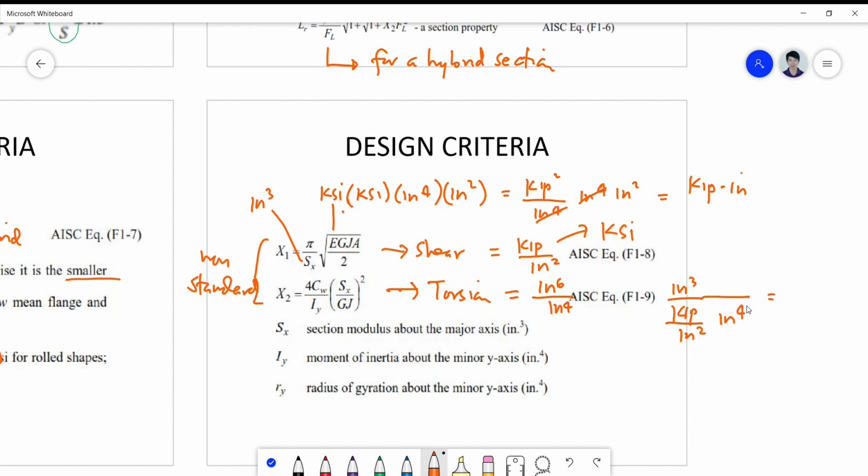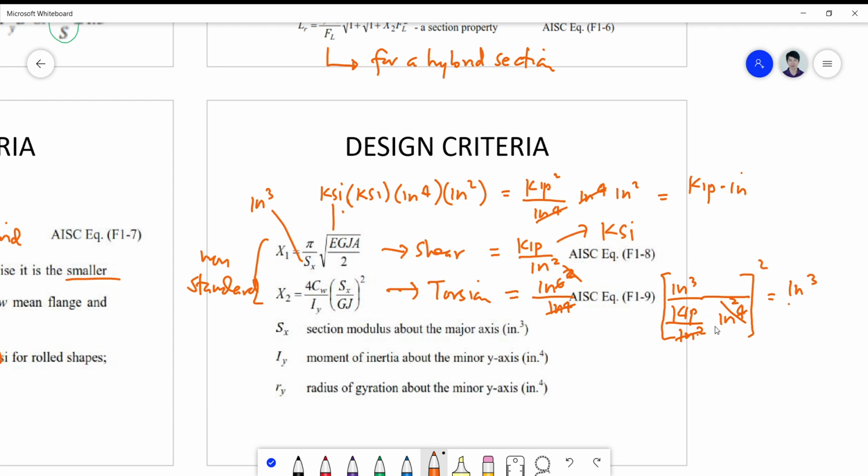So what happens? This becomes inch square. So cancel ito, no? Cancel yan. So ang matitira ito na lang. So this is inch cube, sorry, square pala to.